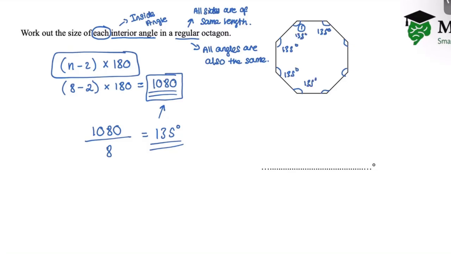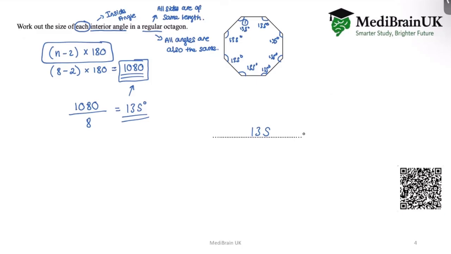If you wanted to test your answer, you can add them all together, and when you add them all together, you get 1080. So the answer to this is just 135 degrees. That's the size of each interior angle of this regular shape.